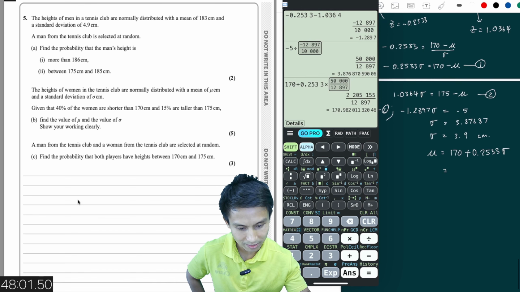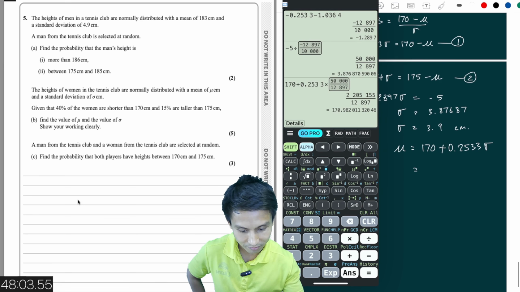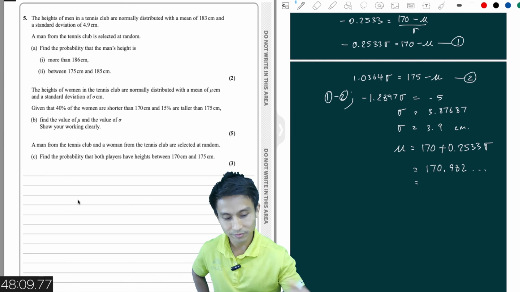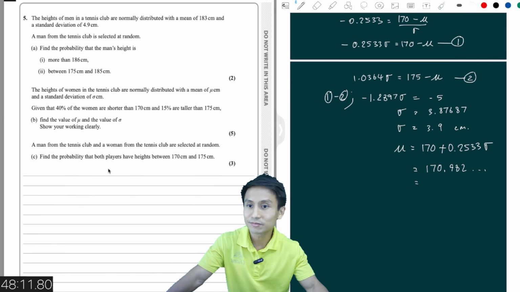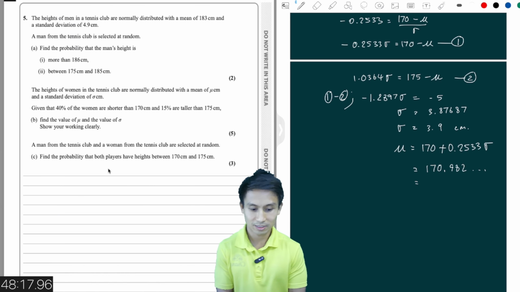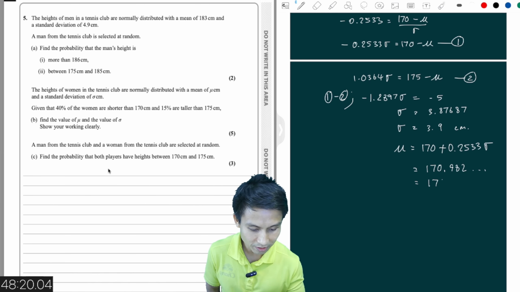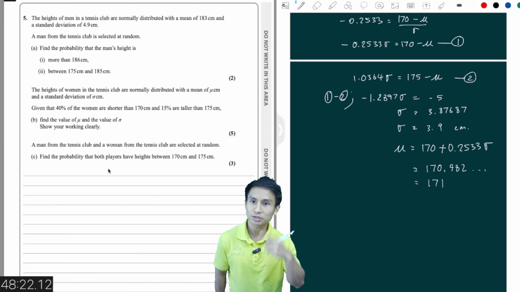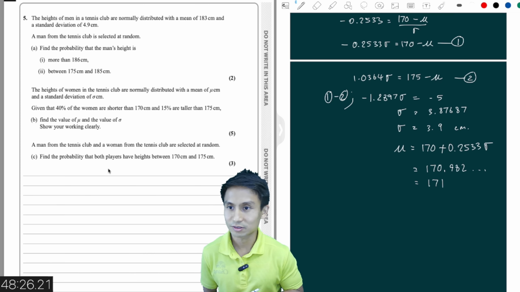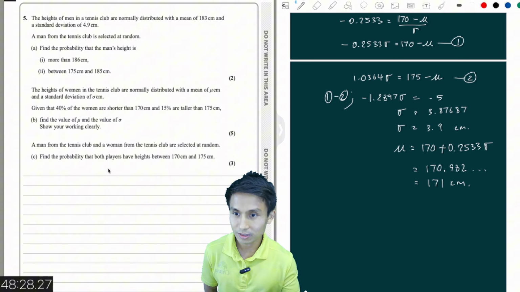That should be fine, right? So 170.982 and so on. Quite close to 171, so I'm going to use 171 here to keep the same significant figure pattern from the first part. Okay, so there you go.